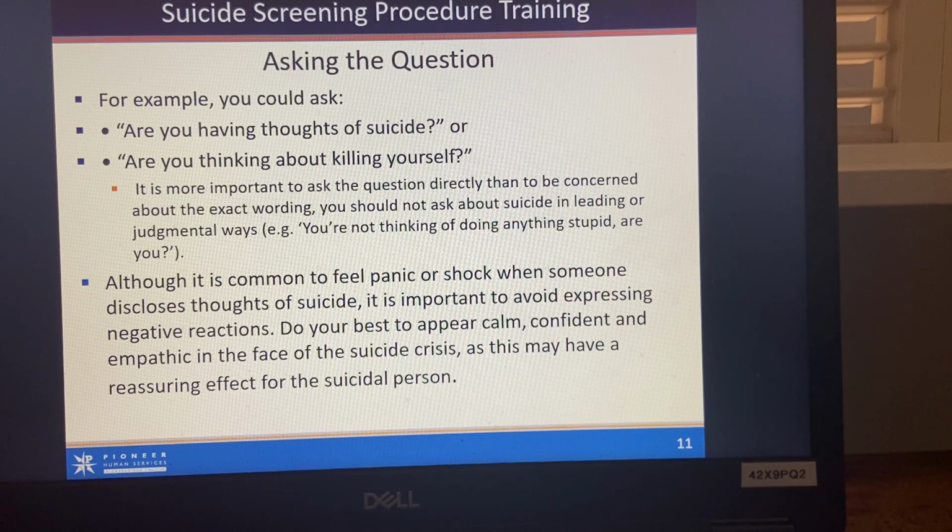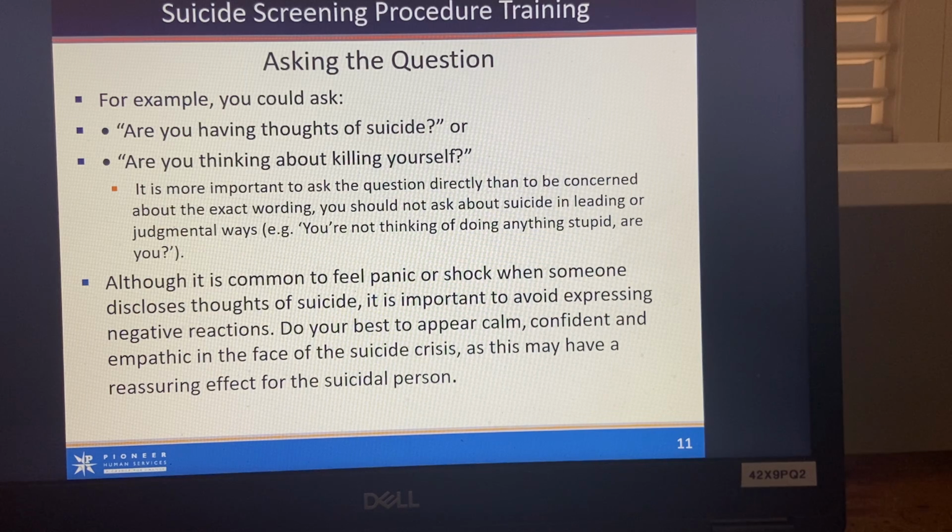I like to think about a swan on a pond. We need to look calm and confident in our face. But that doesn't mean that our little legs aren't rapidly paddling as fast as they can. Because our brains at this point are thinking about what are the next steps?